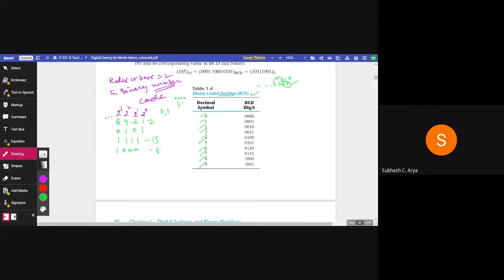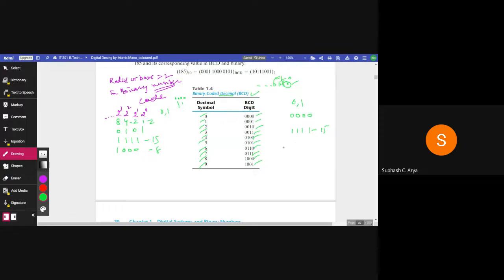And the corresponding BCD, binary coded decimal digit. Now we want to represent all these numbers only with 0 and 1. So 0 is equivalent to 0 0 0 0, then 1, 2, 3, 4, 5, 6, 7, 8, 9. Okay. But if we use these 4 bits, the 4-bit number in binary goes from 0 0 0 0 to 1 1 1 1, and this 1 1 1 1 is nothing but 15.